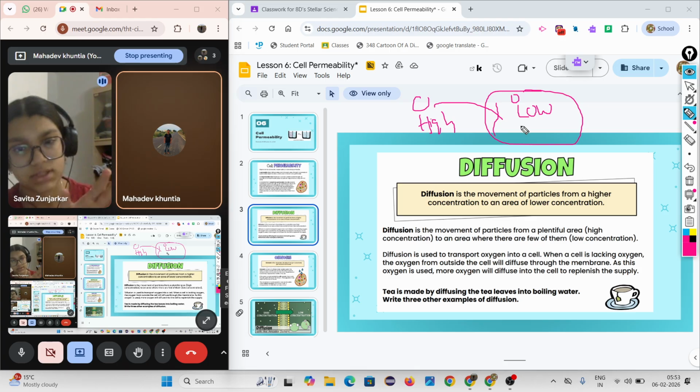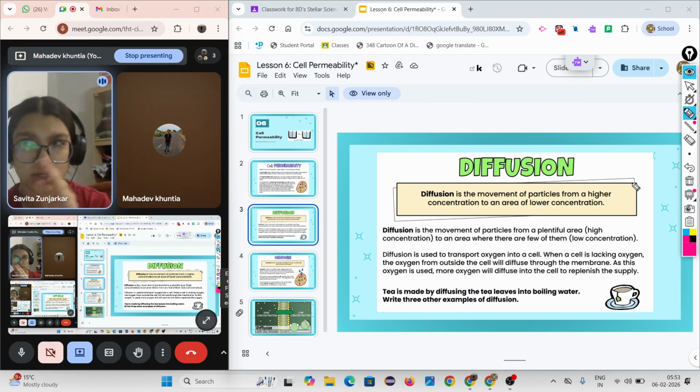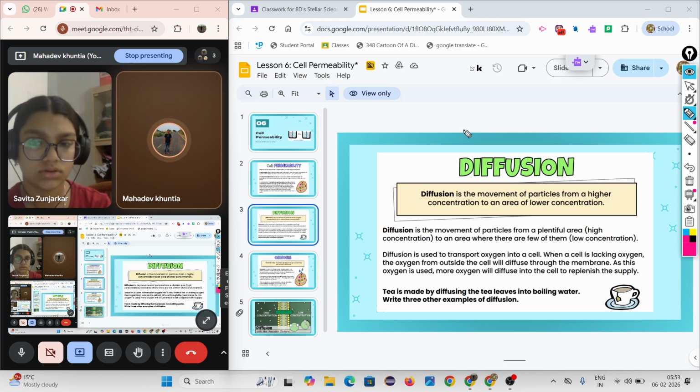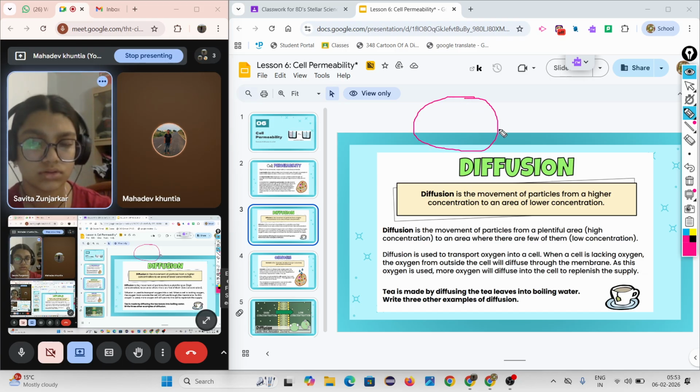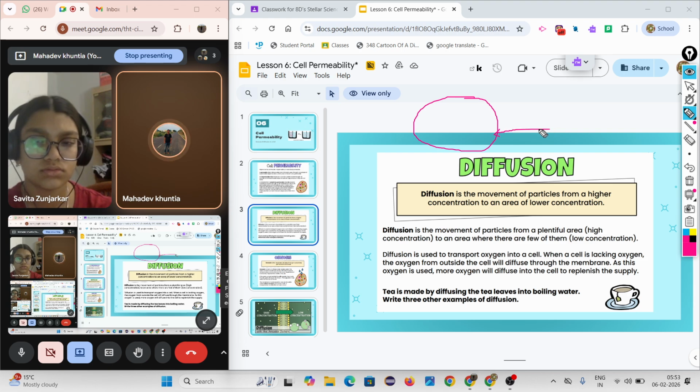So basically, permeability, selective permeability, all of that is a part of diffusion. The cell membrane allows some selective material to pass inside it by the process of diffusion.